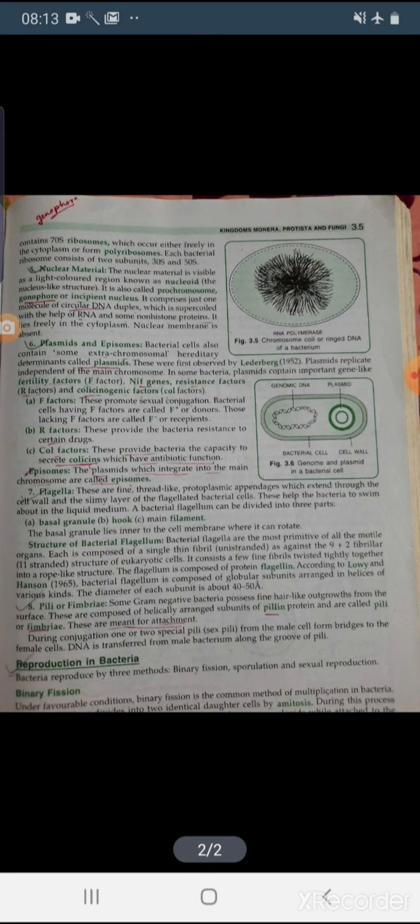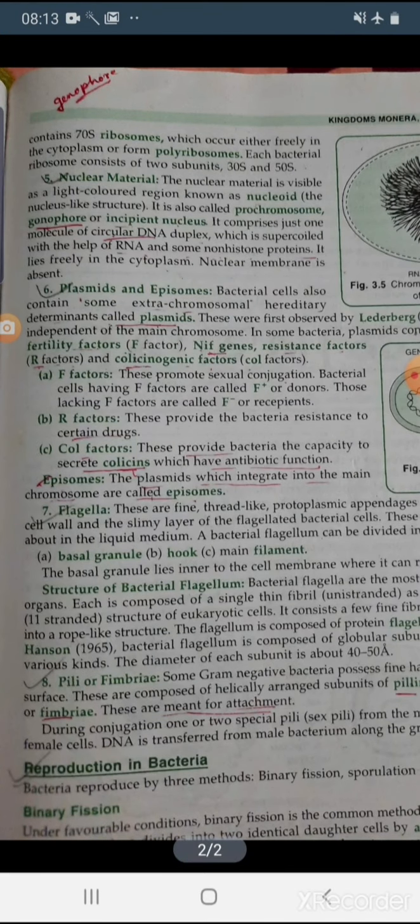Each bacterial ribosome can be divided into two parts, 30S and 50S. So they form the polyribosome, the type is 70S, and the division is 30S and 50S.